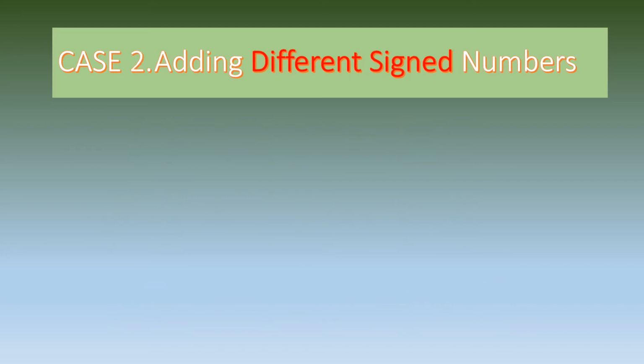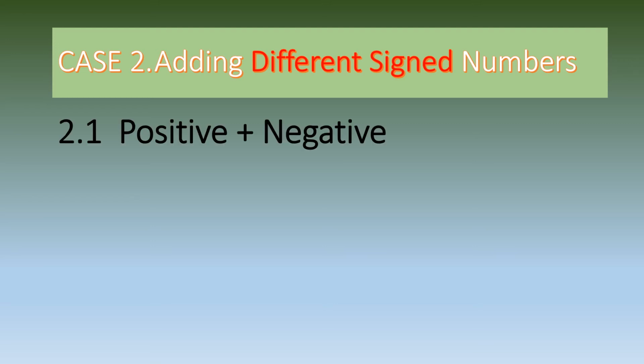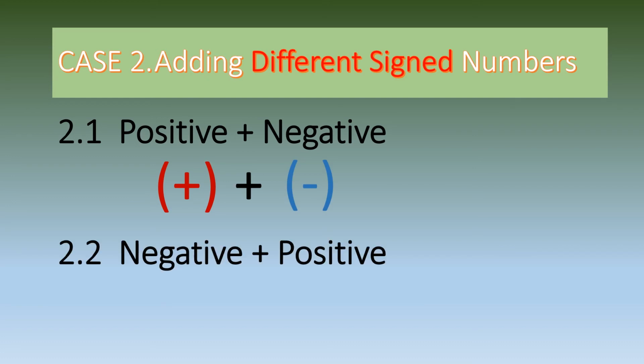And let us now discuss case number 2, adding different signed numbers. Case 2.1, a positive number added to a negative number, or case 2.2, a negative number added to a positive number.